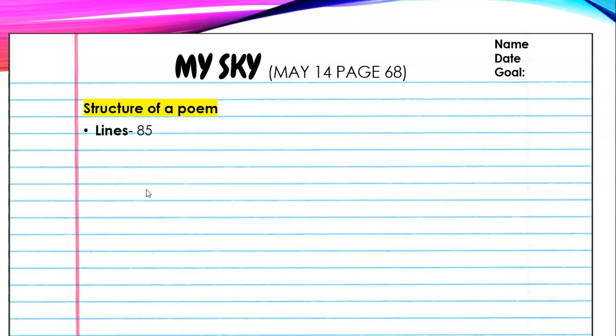Now, how many stanzas are there? Remember, stanzas look like little paragraphs. So there's one on page 68. There's another one in 69. You flip the page. Another one in 70.